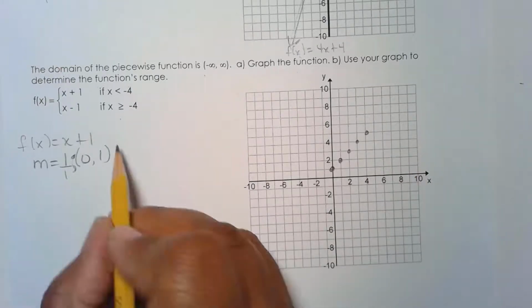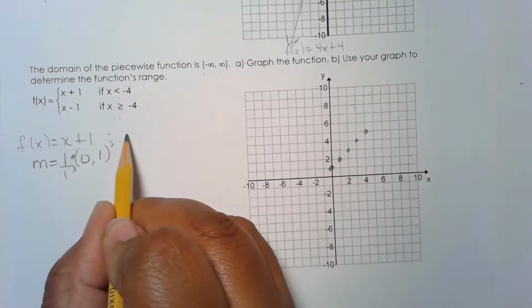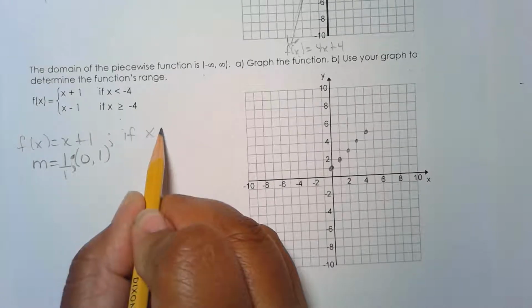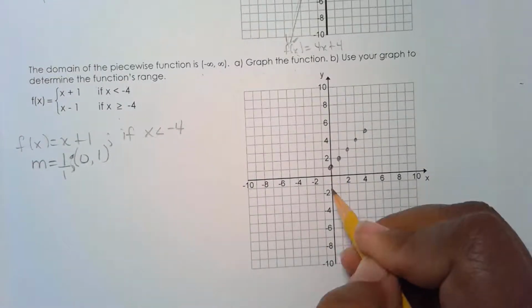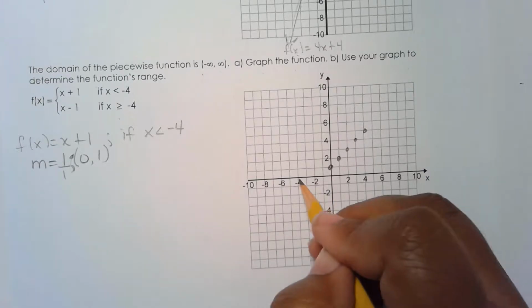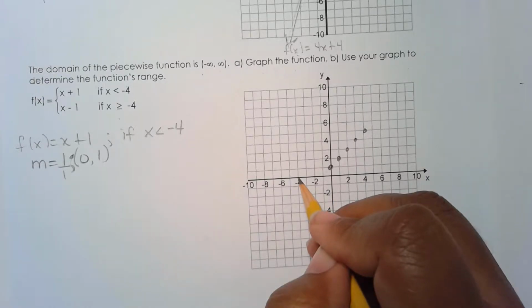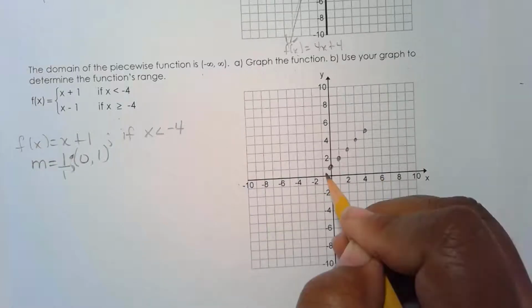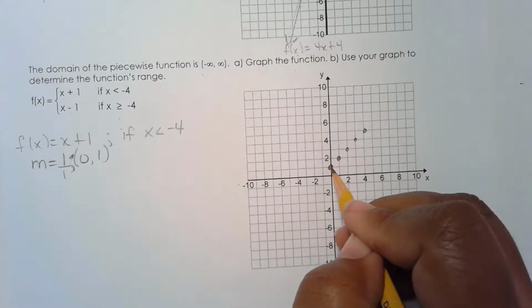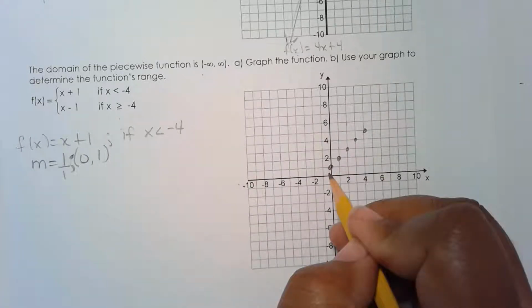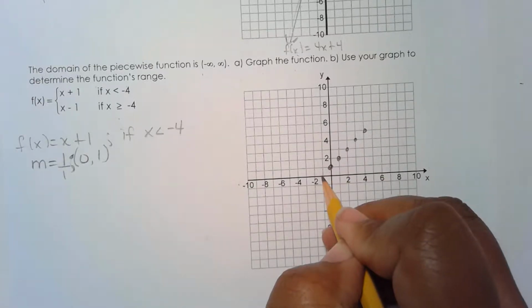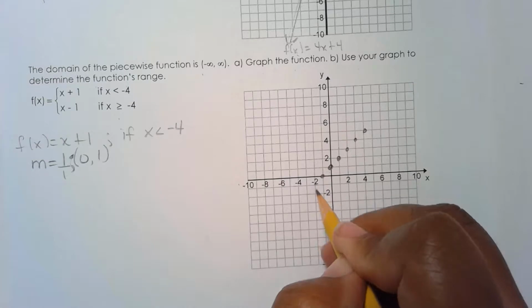So it says, here's our restriction, if x is less than negative 4. So that means I need to find any value that is to the left of negative 4. So let's go find some points in the opposite direction for this equation. We're going to go down 1 and to the left, down 1 to the left.